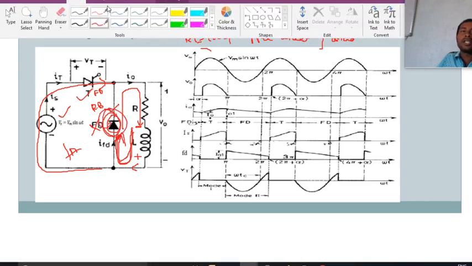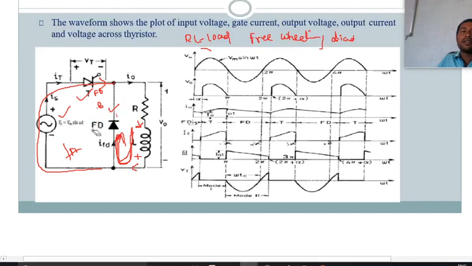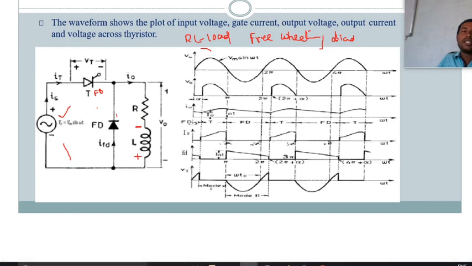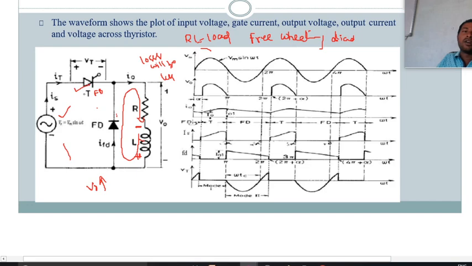For the negative cycle, what will happen? Whatever energy is stored in the inductor will be released in this path, which is a low resistance path, so losses will be less, and the average output voltage will increase, because there is no connection with the thyristor.